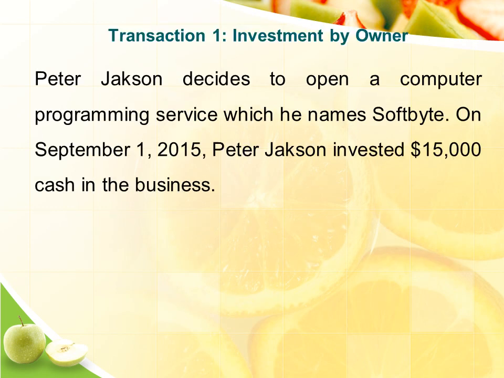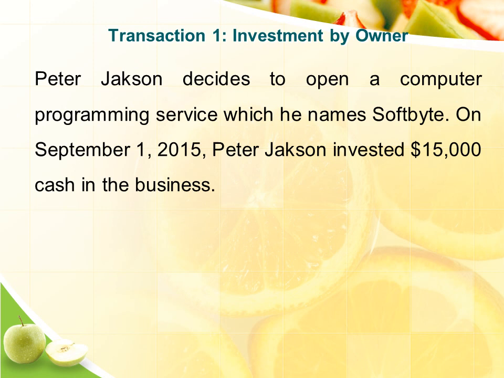The first transaction, investment by owner. Peter Jackson decides to open a computer programming service which he names Shopify. It means Shopify is the name of the company. On the 1st of September 2015, Peter Jackson, the owner of this company, invested $15,000 cash in the business.